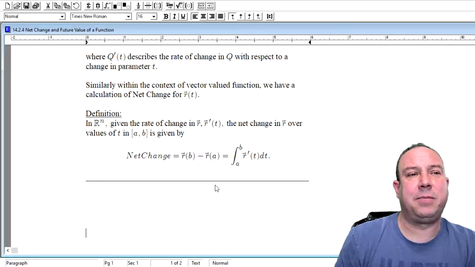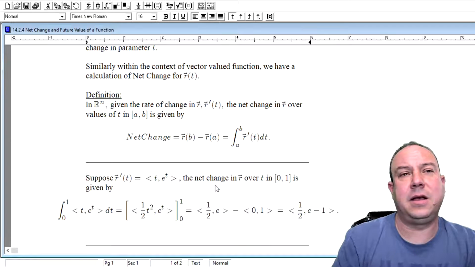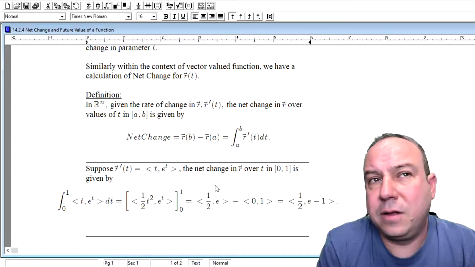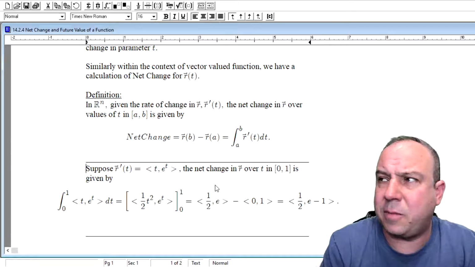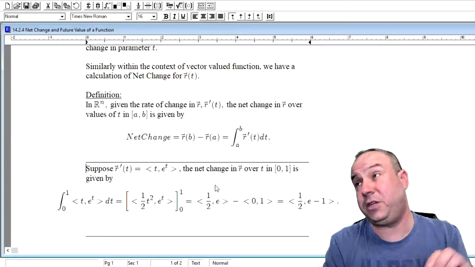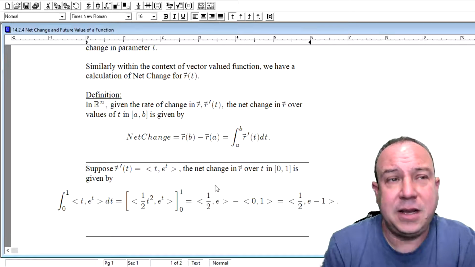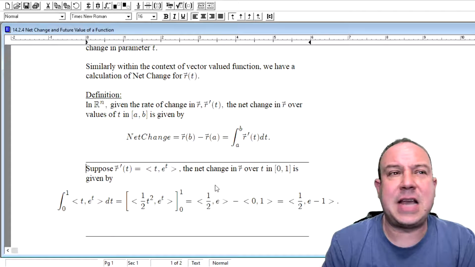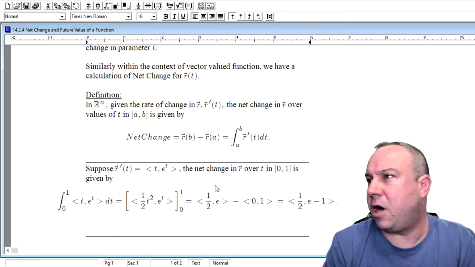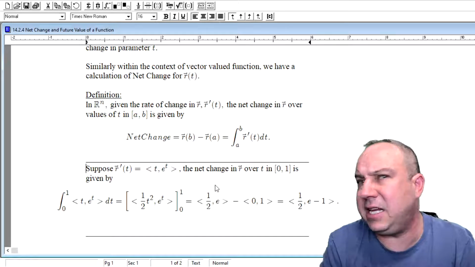Let's look at a quick example. When calculating net change using integration, typically you will not be given r bar of t, you will be given r bar prime of t. Here we might be told the rate of change in our vector valued function, r bar prime of t, is equal to the two-dimensional vector t comma e to the t.